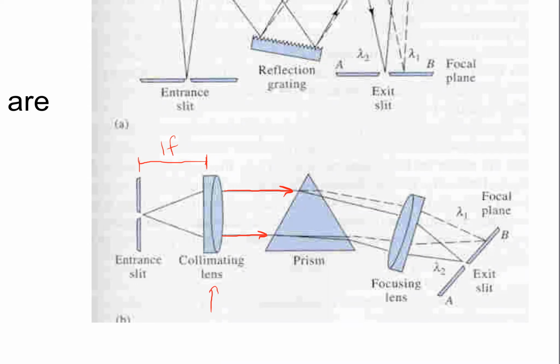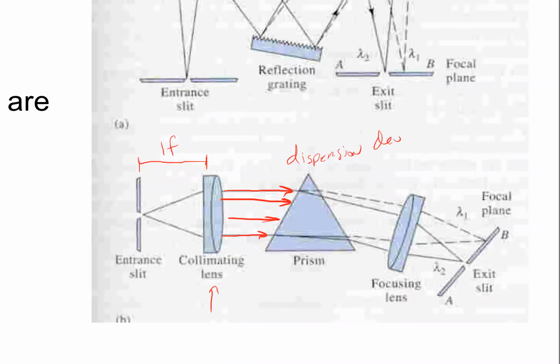But the laser beam is one pencil of light. So this is what we mean by collimated, that the rays are all parallel. And we can achieve that by using this entrance slit and collimating lens combination. That's actually important. We have to make our rays parallel before we send the rays to our dispersion device.